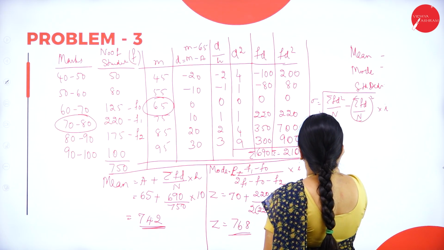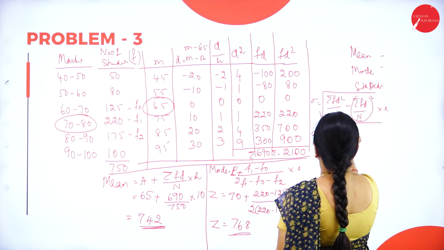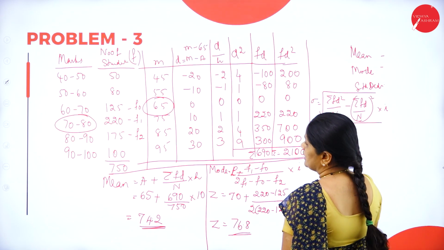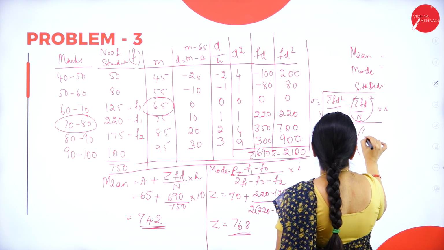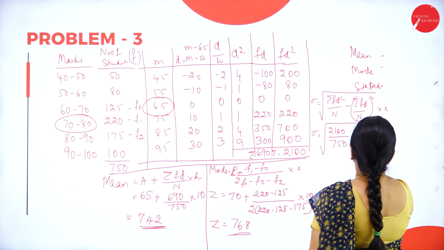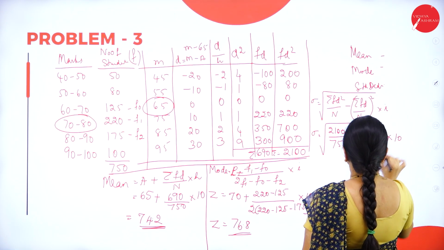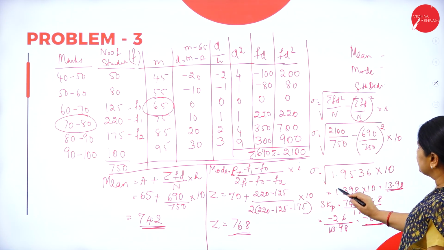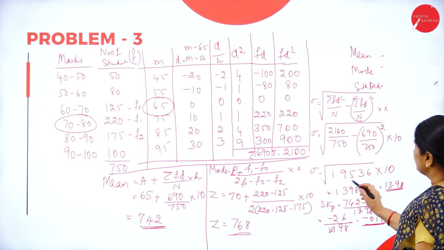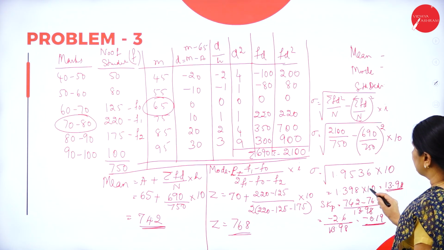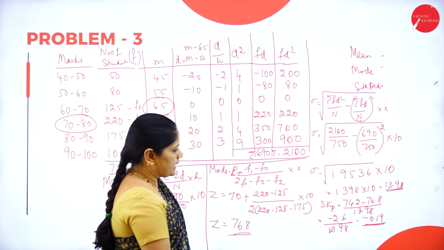So it is the root of 2100 divided by 750 minus (690 by 750) the whole square, into 10. When I simplify this, I get the root of 1.9536 into 10. The root of 1.9536 is 1.398, into 10, that is 13.98.